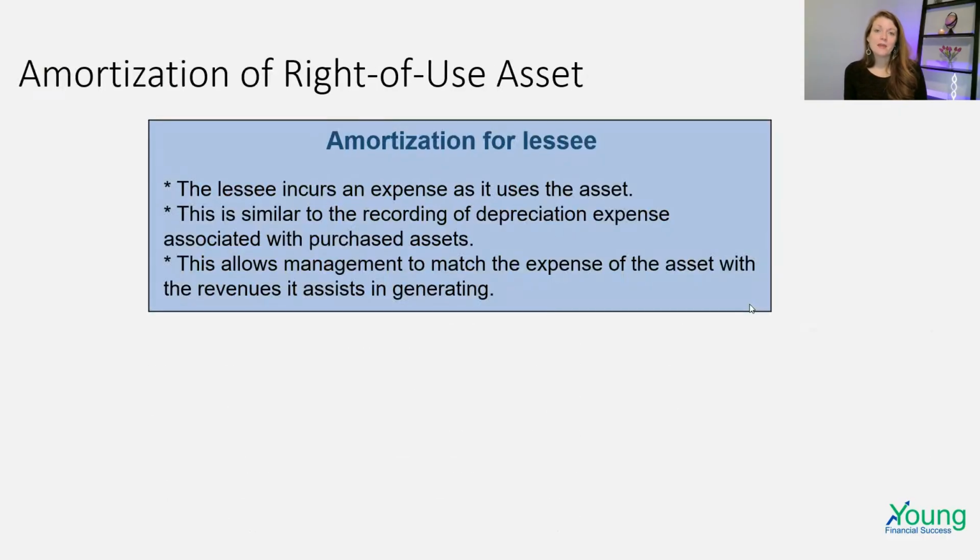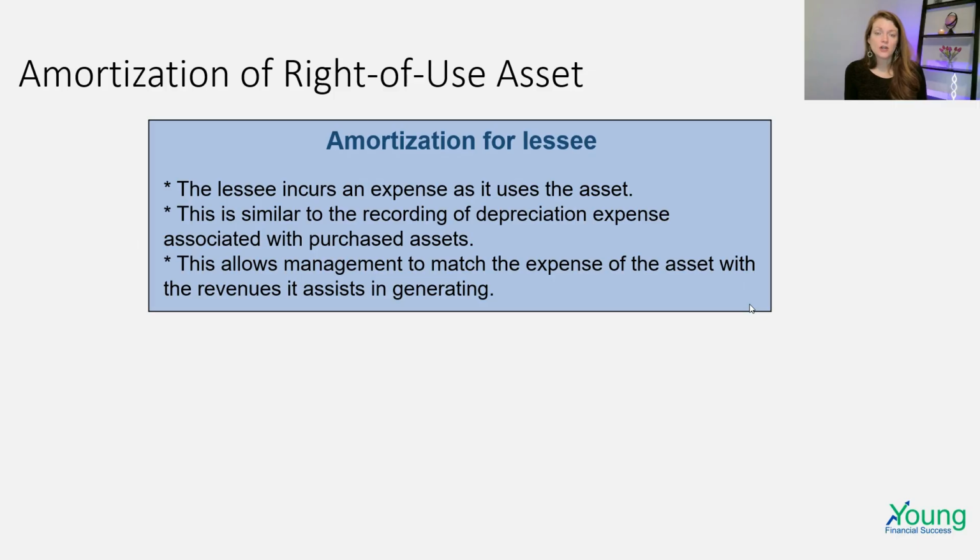So when it comes to the amortization of the right of use asset, remember the lessee has recorded in a finance sales type lease that there is an actual asset. It is the right of use asset. Well, they are actually going to amortize that as they use it. So in this case, they've got 6 years that they're going to get use out of it, so they're going to amortize it over the 6 years.